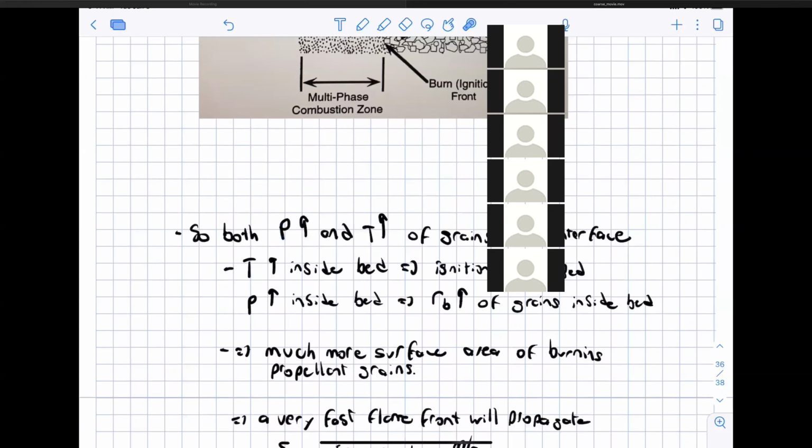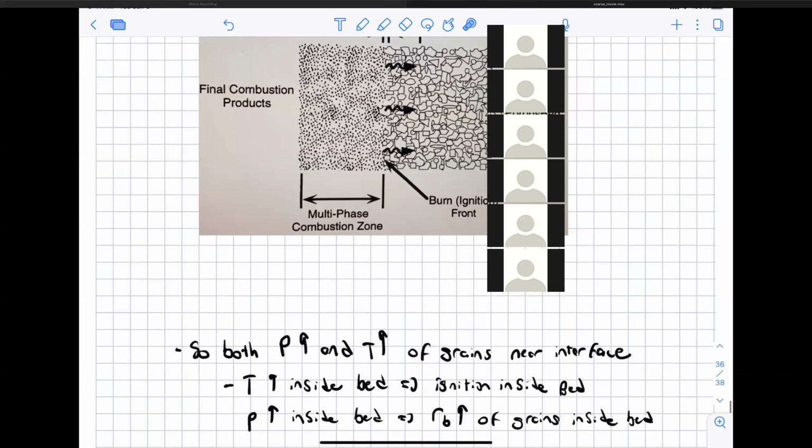But what happens then, due to this what's called convective burning, is that both pressure and temperature increase for the propellant grains near the gas particle bed interface. As the temperature increases inside of the bed, that means the particles that are slightly inside of the particle bed can ignite and then start to burn. Then after they start to burn, if they're solid propellant, the burning of the solid propellant grains follows St. Robert's law, so a P to the n, they still burn like that.